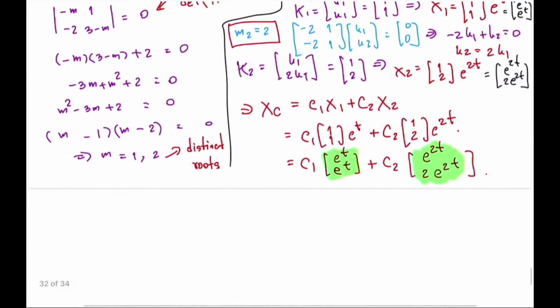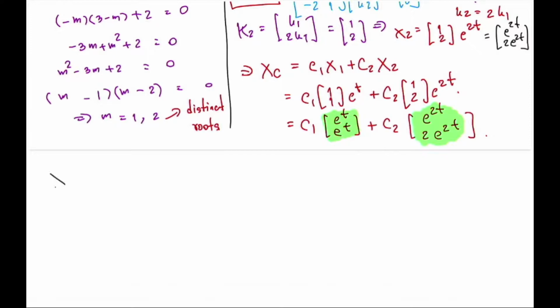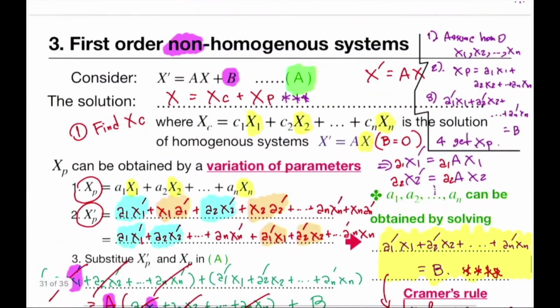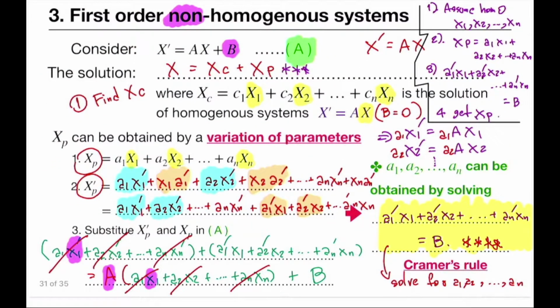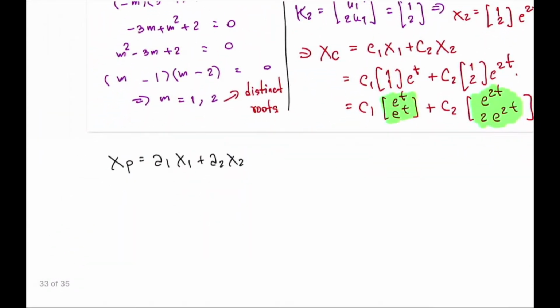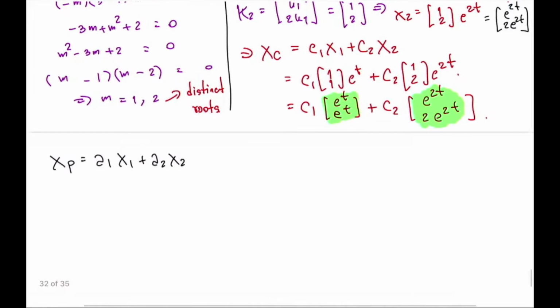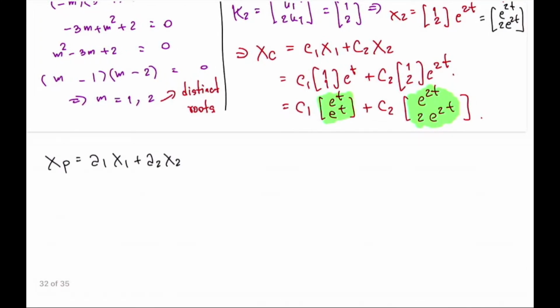We let xp be, what is it? a1 x1 plus a2 x2, if you remember, from here, a1 x1, a2 x2 until an xn, but right now we have only two dependent variables. So we can find a1, a2 by using this equation.